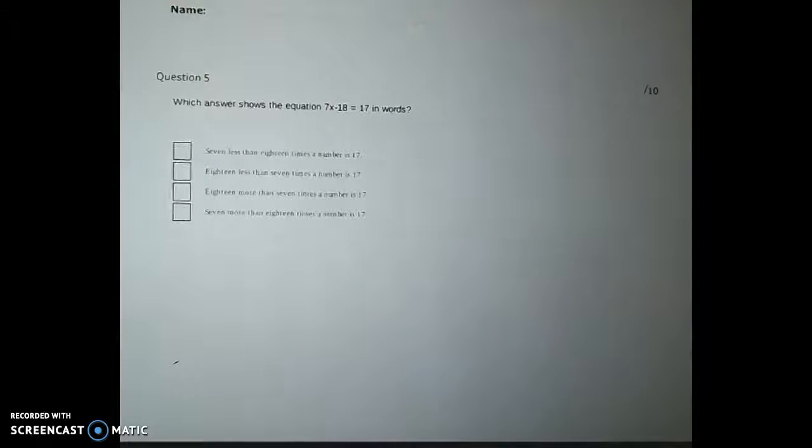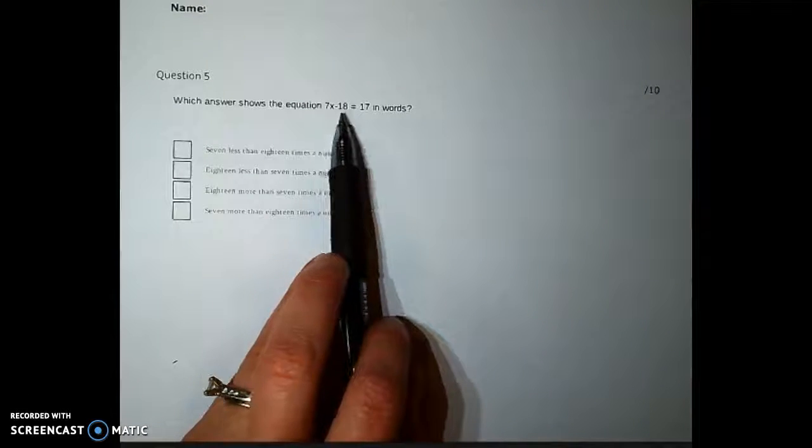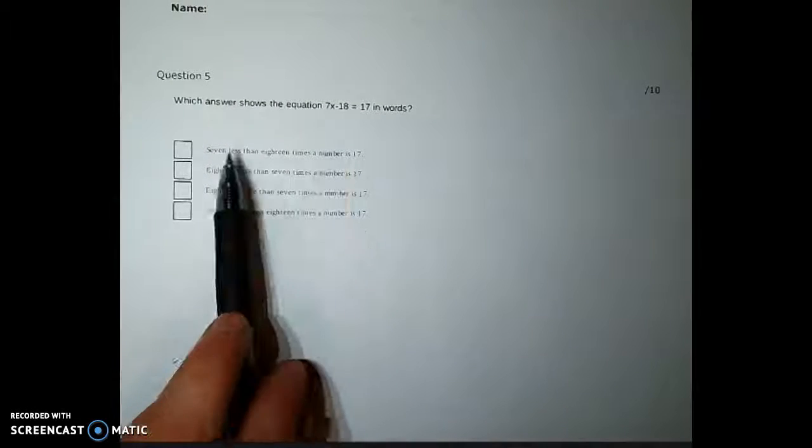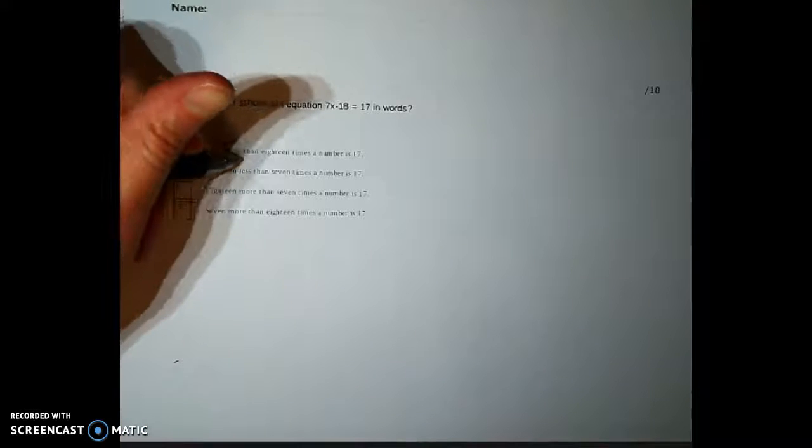Number 5 reads, which answer shows the equation 7x minus 18 equals 17 in words. Now what we know is that we're multiplying x by 7 and then we're taking away 18. The first one says 7 less than 18 times a number is 17. That would mean that we're taking away 7, which is not the case.